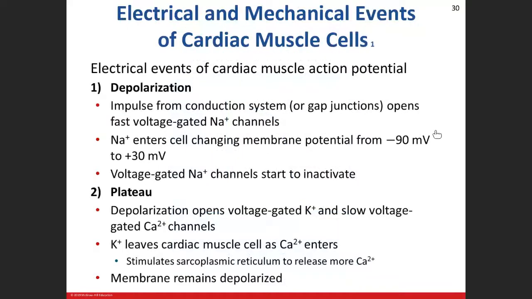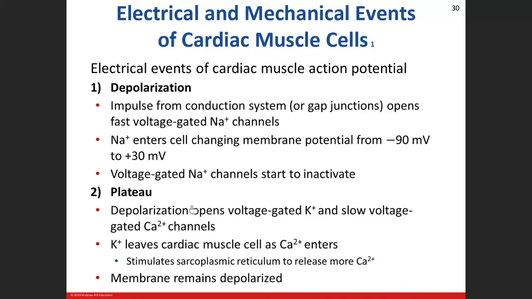The second is what we call the plateau. The cell is still depolarized at this point. The fast voltage-gated sodium channels are closed now. That triggers the opening of the slow voltage-gated calcium channels, and also triggers the opening of the potassium channels. Remember, potassium is in higher concentration inside the cell, so it wants to leave.